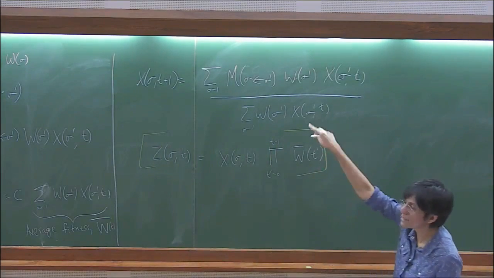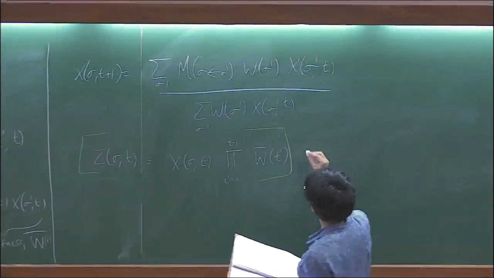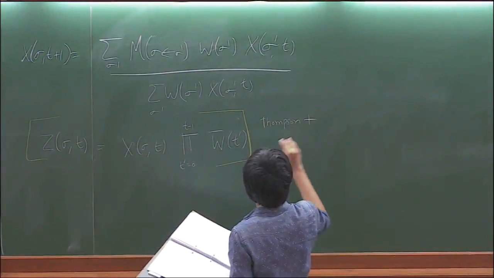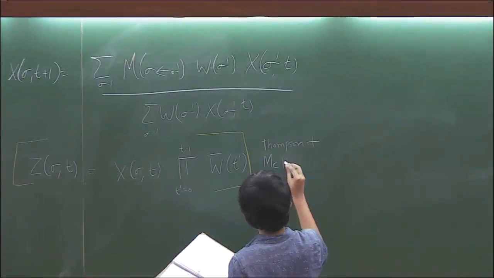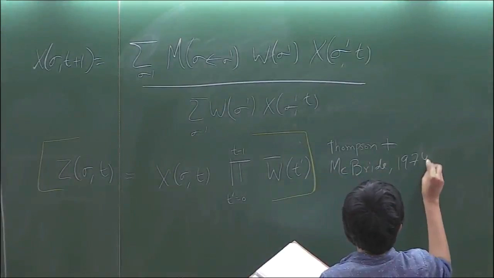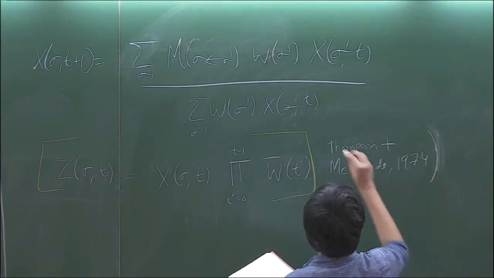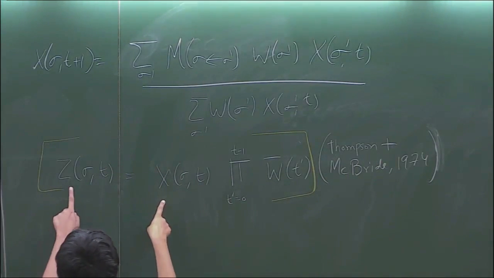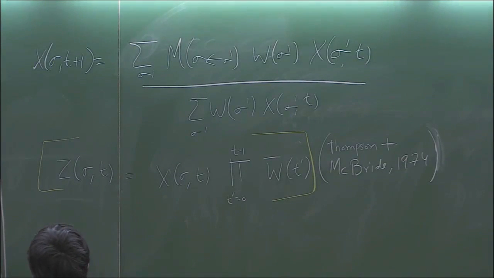Plug it in this equation and tell me what you get. Shall we do it? If you plug it in here, x sigma t is at sigma t plus 1 divided by the product.